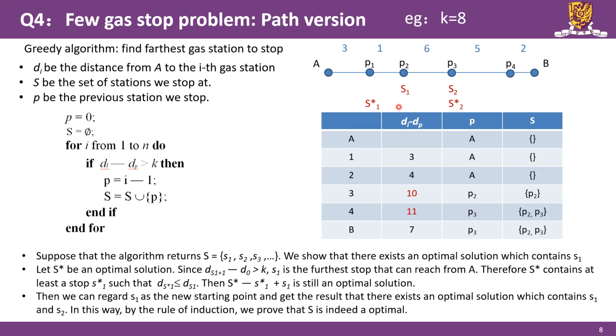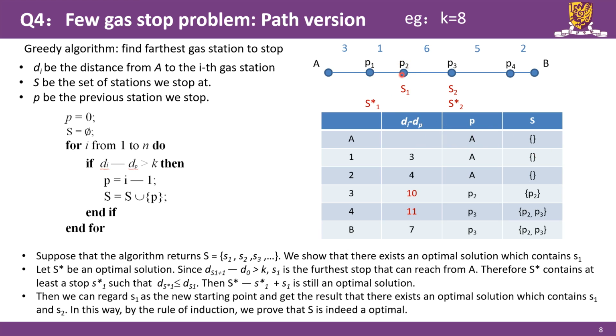The previous gas stop will be A, and then we investigate this gas stop. So Di minus Dp is 3, and P and S will not be updated.